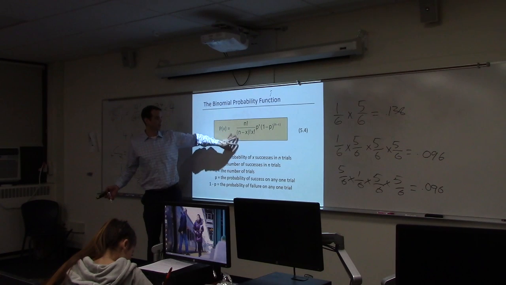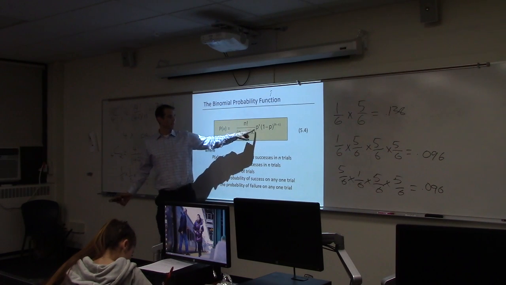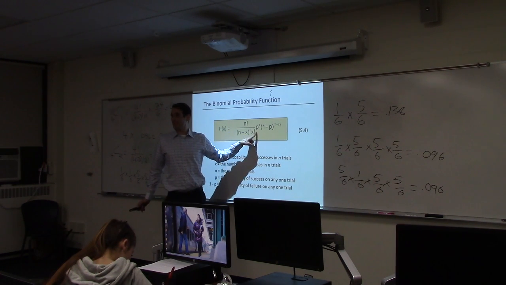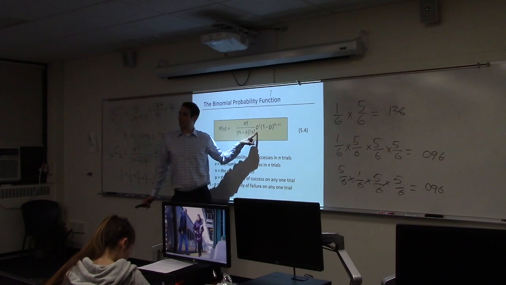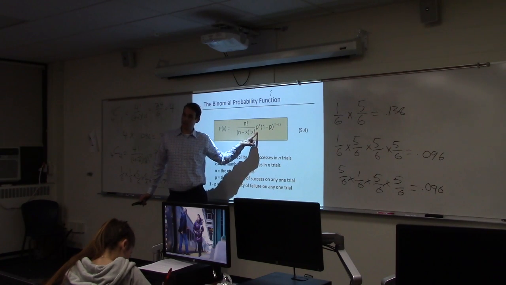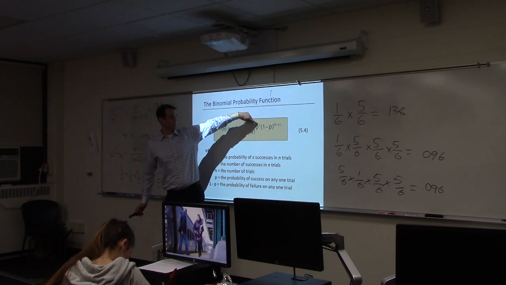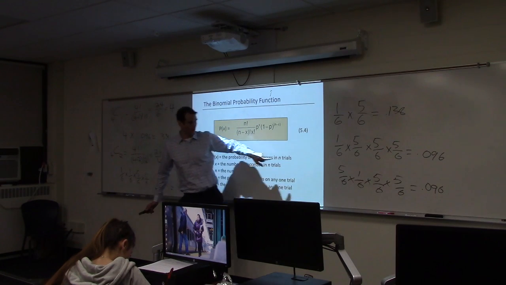And then we do the probability of a success, in our case 1/6, times however many times we want that to happen, and we raise that to the power of x.